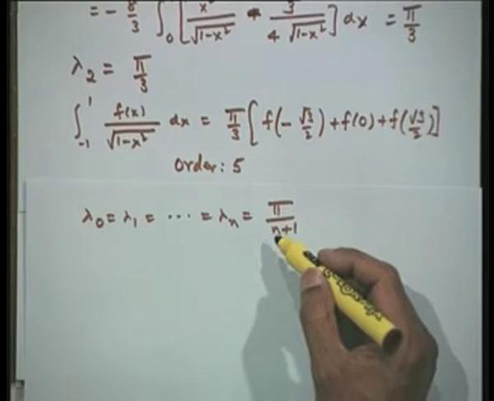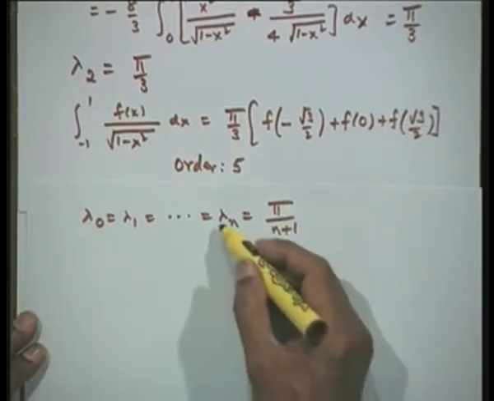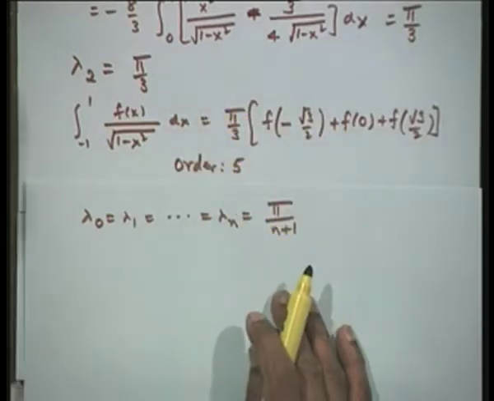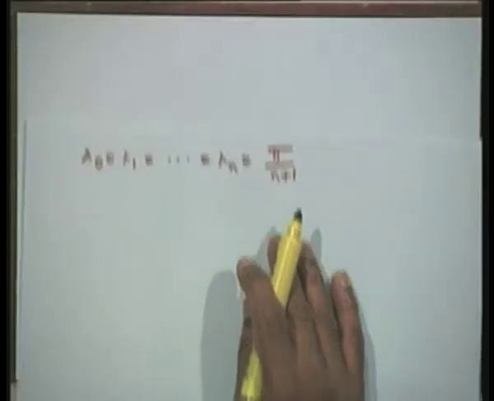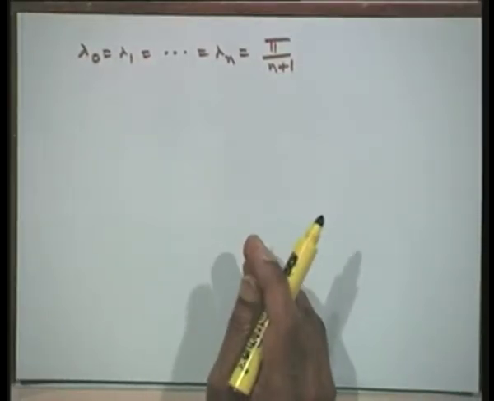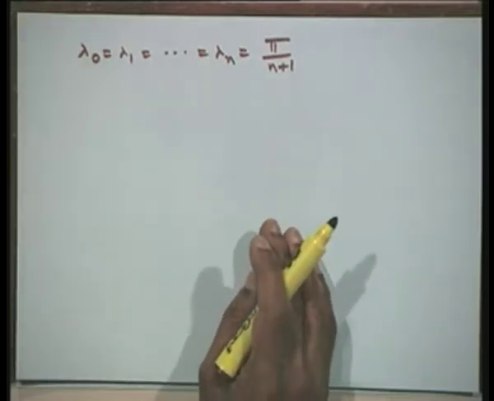In the case of the 2-point formula, n is equal to 1, we get the weight as pi by 2. In the case of the 3-point formula, n is equal to 2, we get the weight as pi by 3. In the general case, by integrating the Chebyshev polynomial, we can show that all the weights are equal to pi by n plus 1.